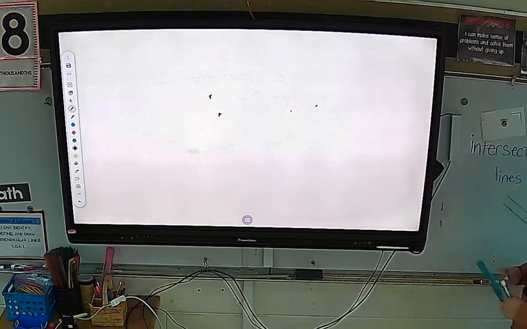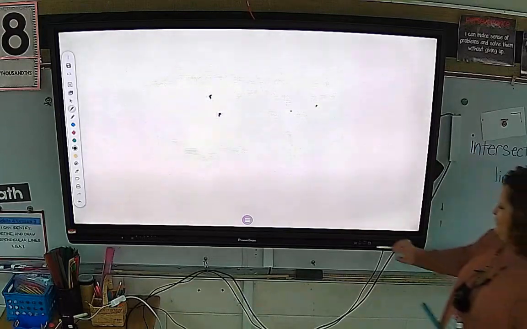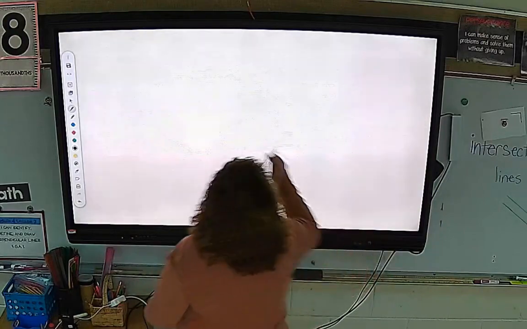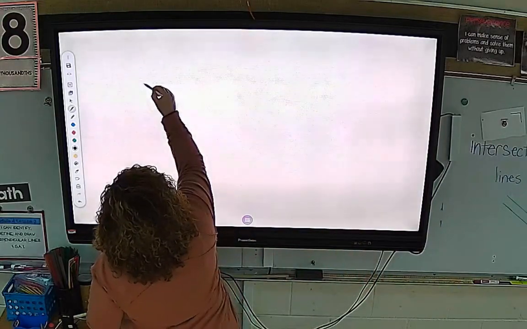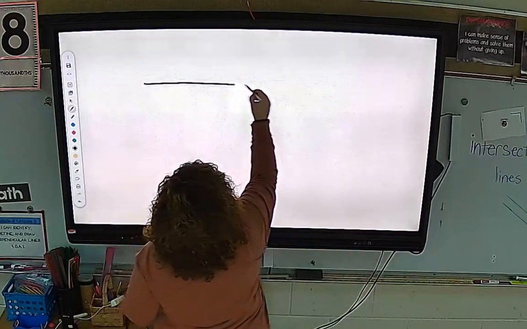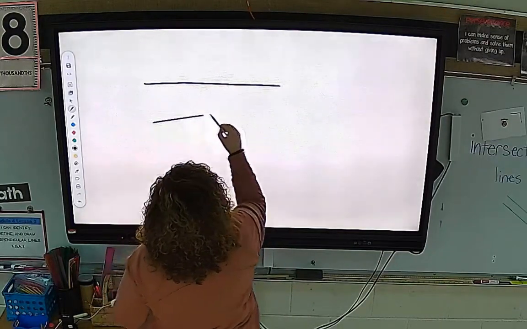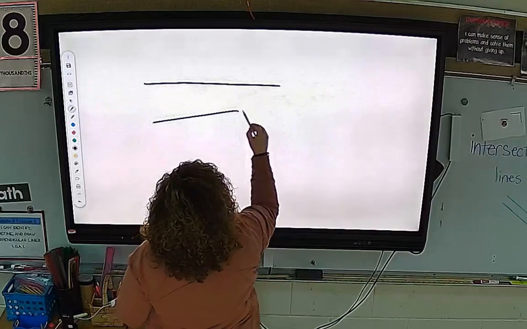Because look at these two lines. This is the kind of question you'll see a lot, especially on things like CASE or 10 Ready. They'll give you this kind of question. They'll give you a line that's maybe kind of straight, and then they'll have one like this with it.